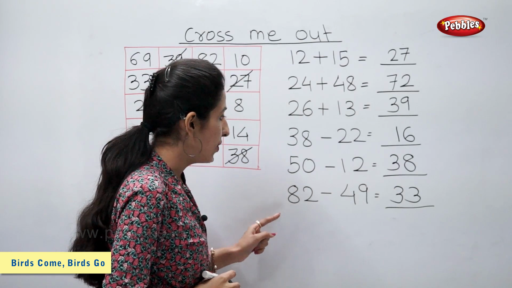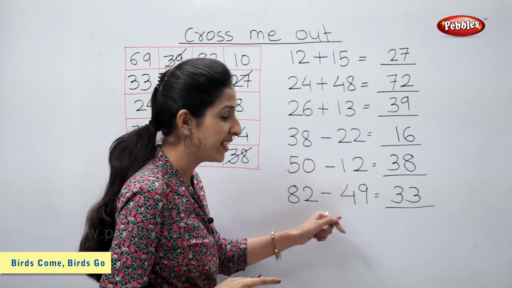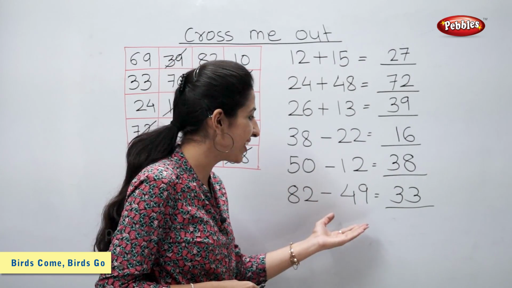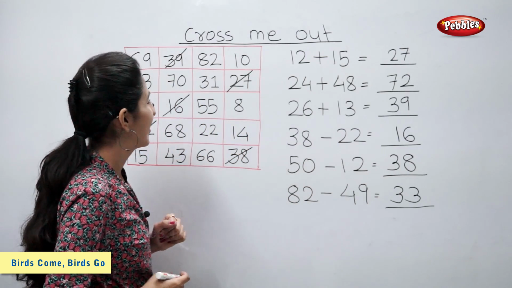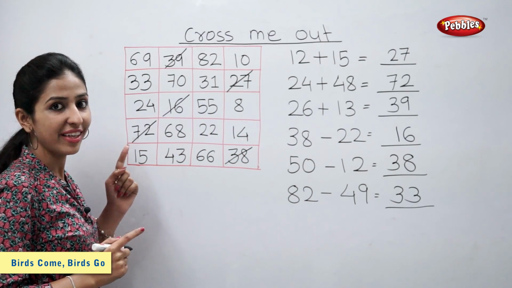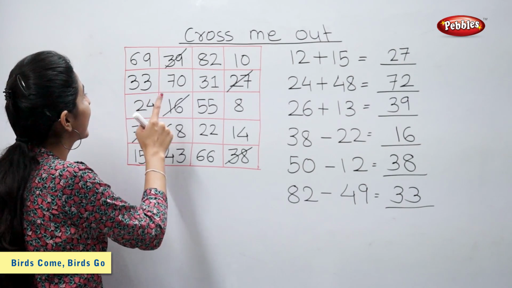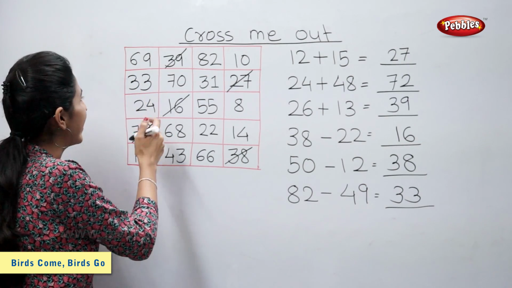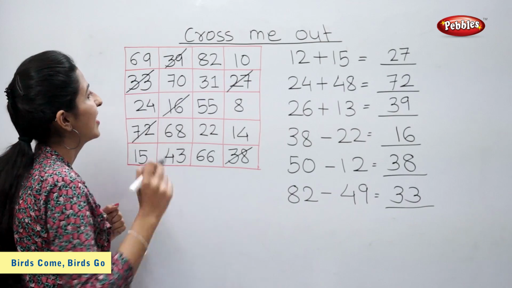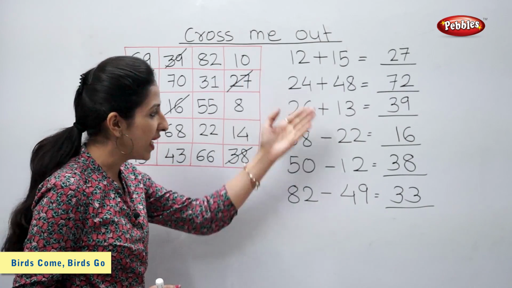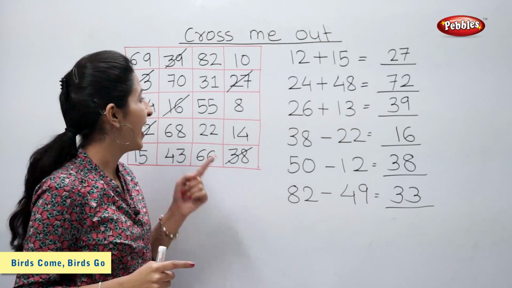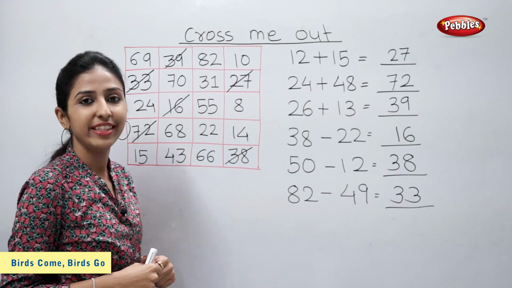So 82 minus 49 is equal to 33. Let us find number 33 and cross it. So students, we have solved these sums quickly and cancelled the numbers.